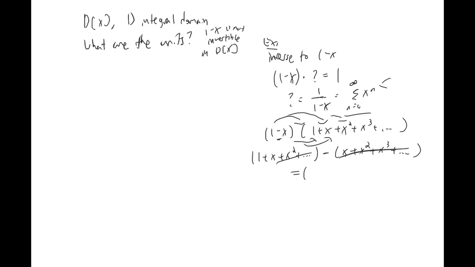It's some infinite thing, right? Remember, a polynomial is an infinite series, but all but finitely many terms are 0. Here, this is not the case. There are infinitely many nonzero coefficients. In fact, they're all 1, right? All the a_i are 1.